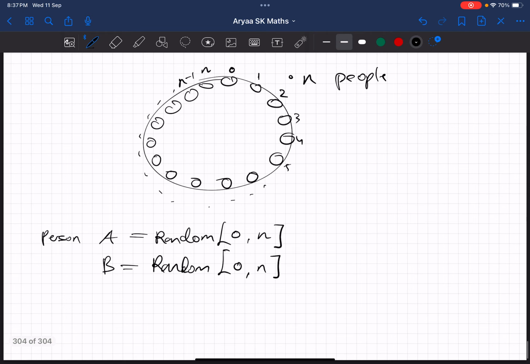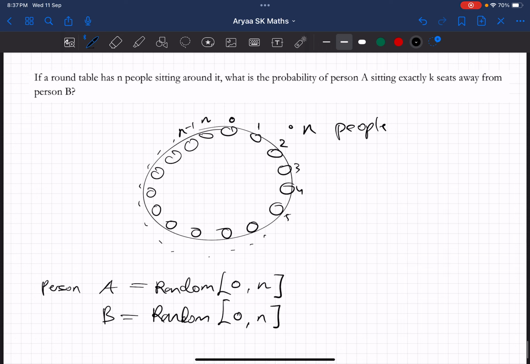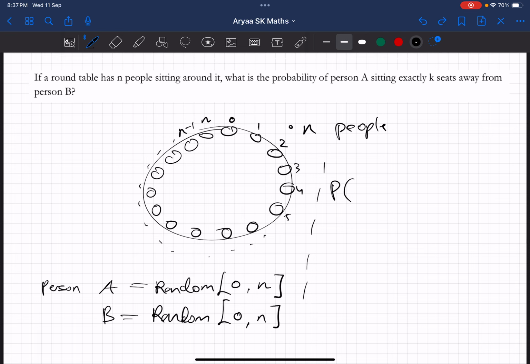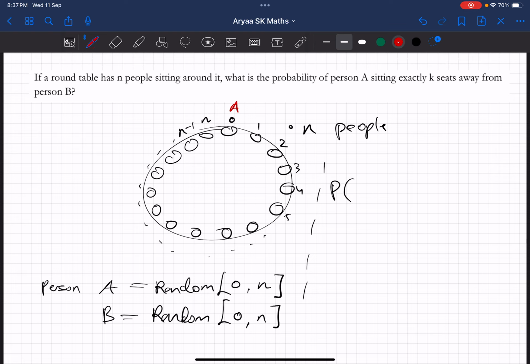And now the question is asking us, we want the probability, let's do it over here. We want the probability that, to sit k seats away, now that we've represented it numerically, if we were saying person A sits 3 seats away from person B, that means we want the difference between person A and B. For example, if I put A as 0 and B as 3, this would count as 3 seats: 1, 2, 3.